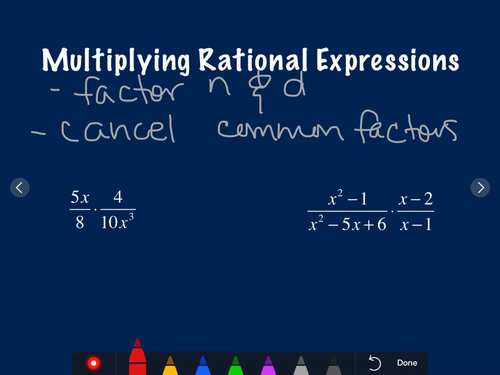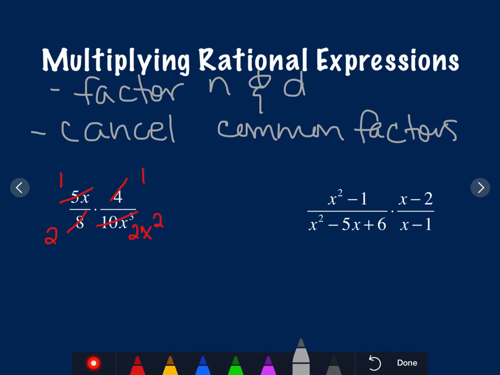So here I have 5x over 8 times 4 over 10x cubed. The first thing I always check is within the fraction itself if anything can simplify. After that, we can look at the diagonals. If I look at the diagonal here, I have 5x and 10x cubed. There's a common factor of 5x here. So this is going to simplify to be 1, and this is going to simplify to be 2x squared. Along the other diagonal, there's a common factor of 4, so I have 1 over 2.